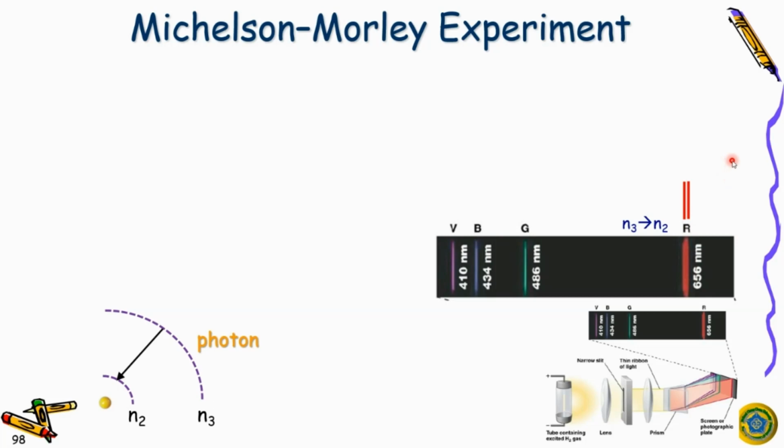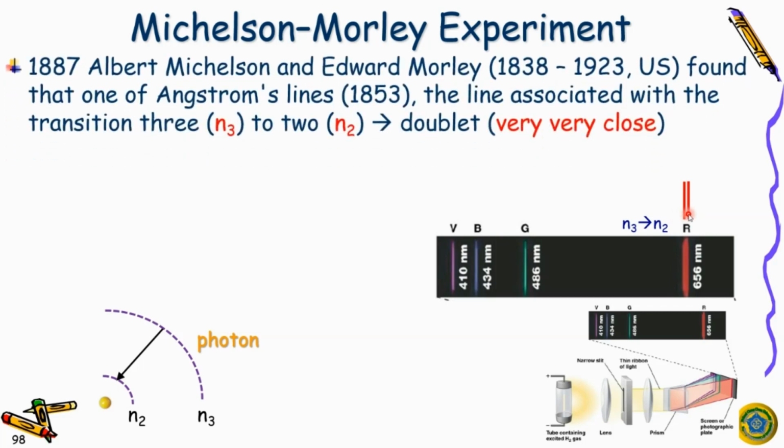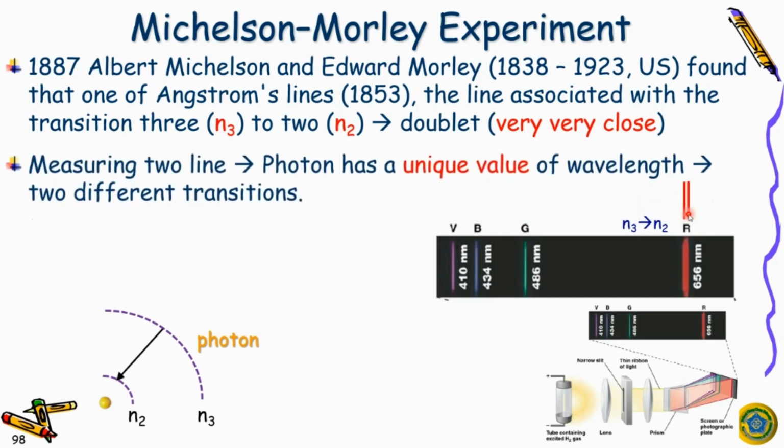So Michelson-Morley wondered what was going on. Please remember, this is also quantized. The energy is also quantized. They found it is a very, very close doublet. So measuring two lines, a photon has a unique value of wavelength, so two different transitions.